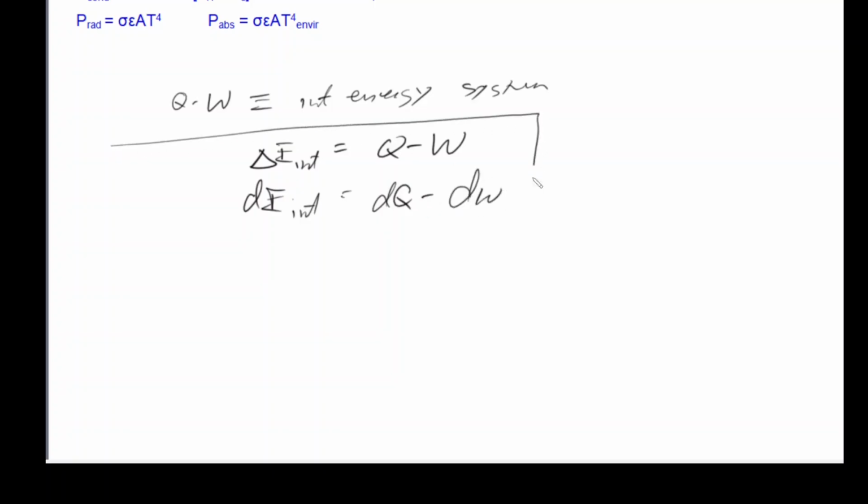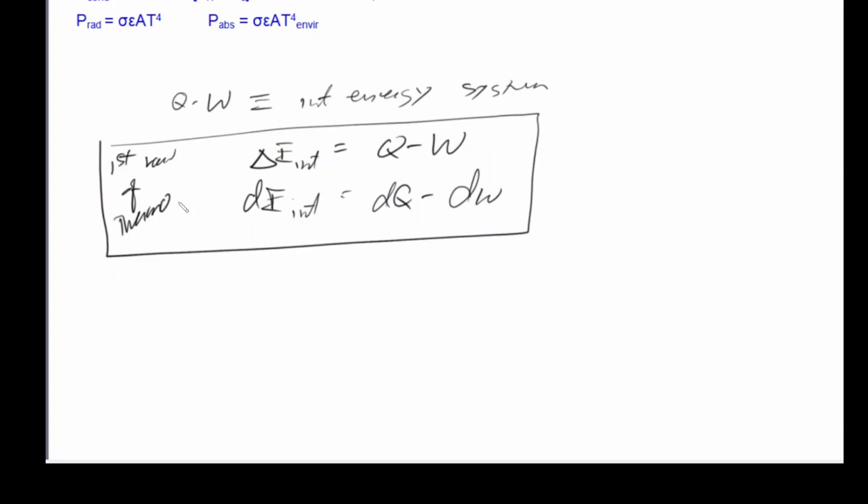So either one of these is a description of the first law of thermodynamics. And I like to point out that change in internal energy, delta E sub int, is also written as delta U in some textbooks. But rather than confusing that with potential energy, I'm using the change in internal energy as delta E sub int to avoid confusion.